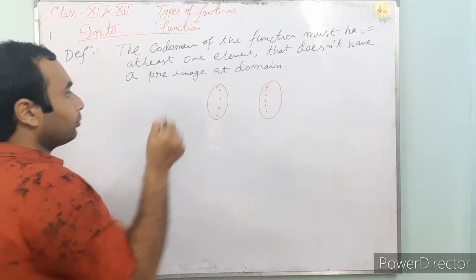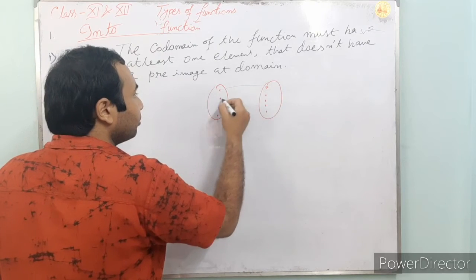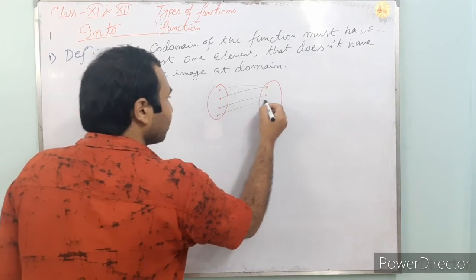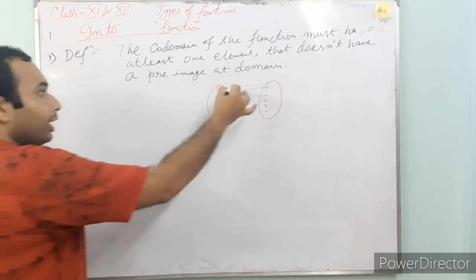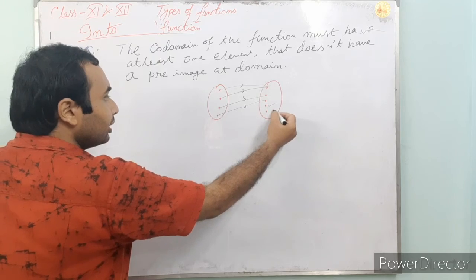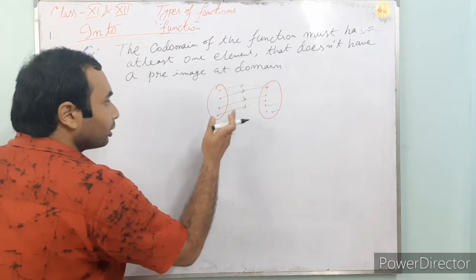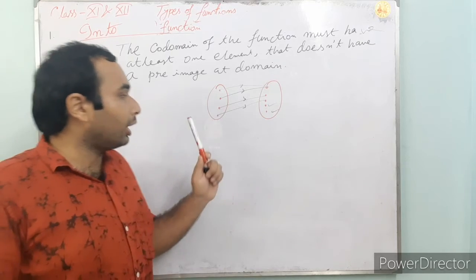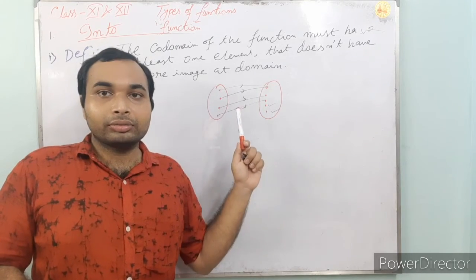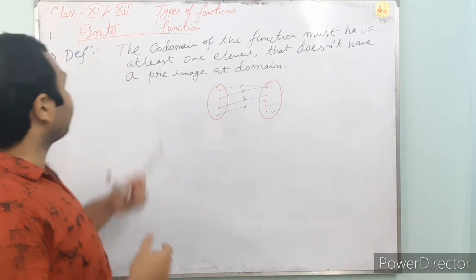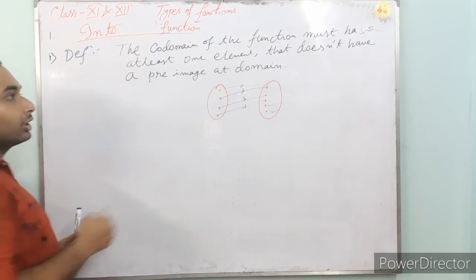If we draw this arrow diagram like this, just see here, two elements are there, this and this. Those don't have any pre-images at the domain, that is the set A. So those types of functions are called into functions.